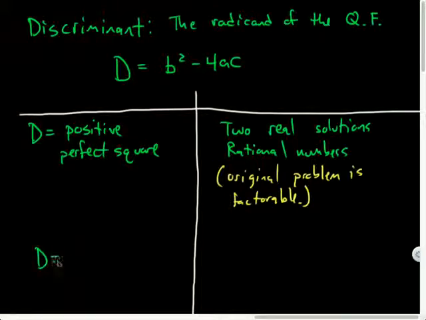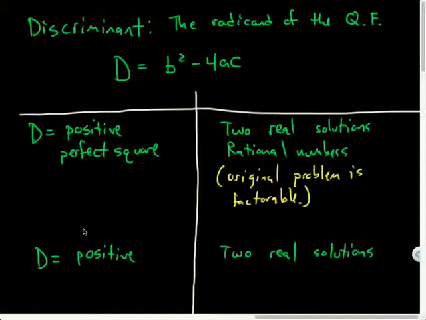What if D is positive and is not a perfect square? Just a plain old number. Well, I will still have 2 real solutions. But let's say instead of the square root of 64, what if that was the square root of 65? We couldn't have simplified that, meaning my answers would have had some plus or minus square root of 65 all over 2 sort of situation.